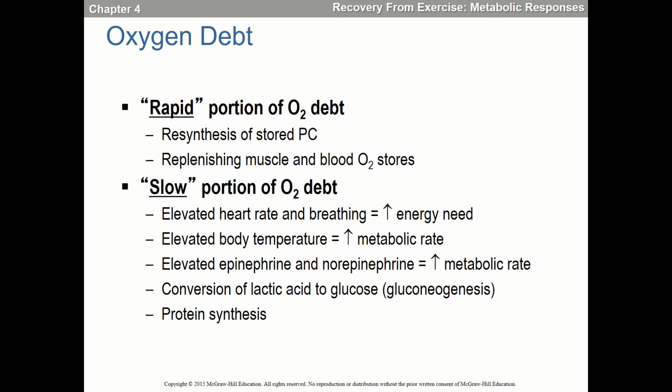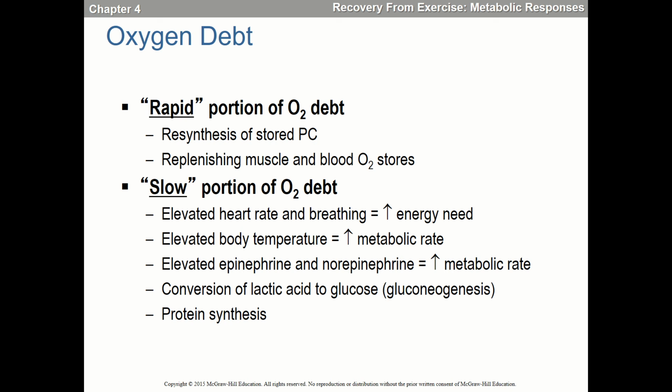So EPOC, and here it says oxygen debt at the top. Cross that out, it should say EPOC. Because technically, this rapid portion is the entire O2 debt, or oxygen debt. The slow portion is the continuation of the excess post-exercise oxygen consumption.